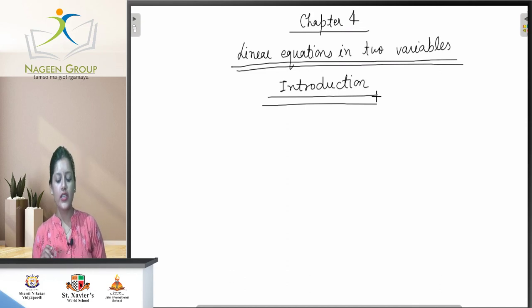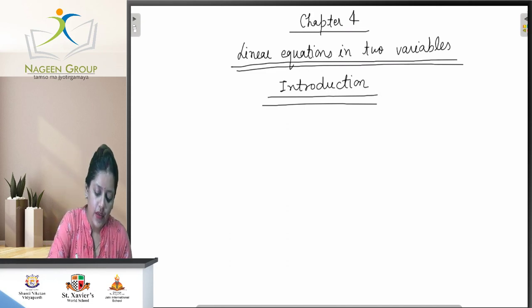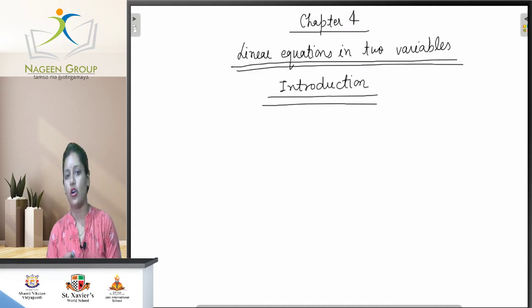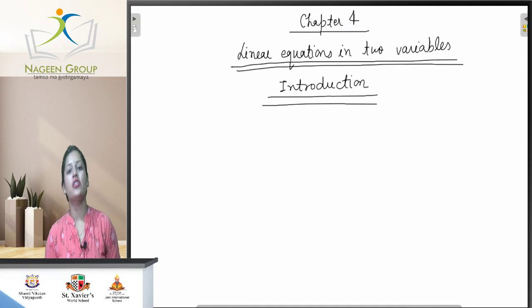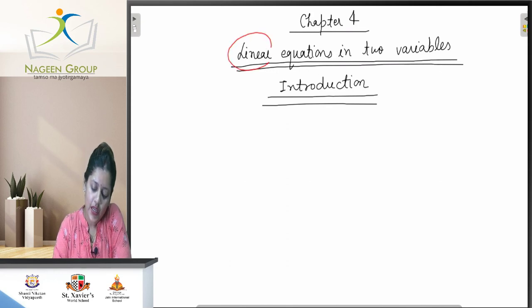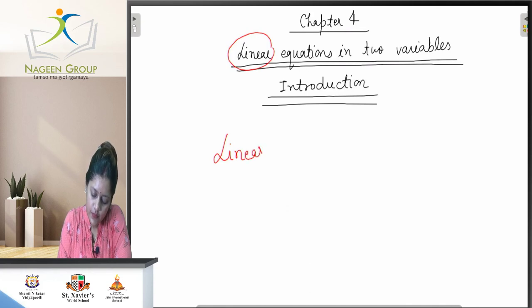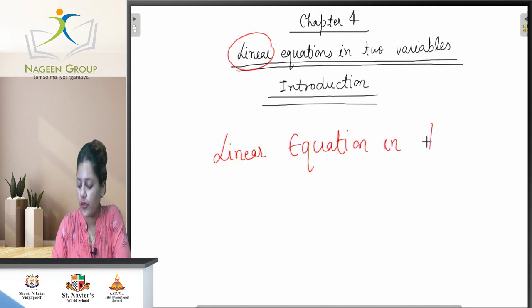So what is a linear equation in two variables? You have learned earlier what polynomials are. But now this is our new chapter that only includes linear equations in two variables. There is also a linear equation in one variable. So first of all, what is a linear equation in two variables?